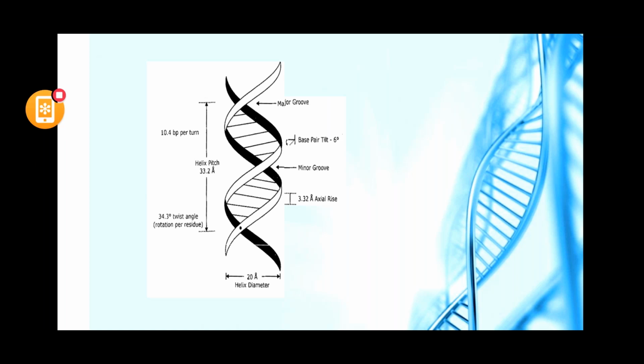This is the angle which generates the major groove and the minor groove. It is usually because of the formation of the hydrogen bond, which is not formed completely perpendicular to the central axis but is tilted at minus 6 degrees. You will find this base pair tilt is different in the A form and in the Z form.